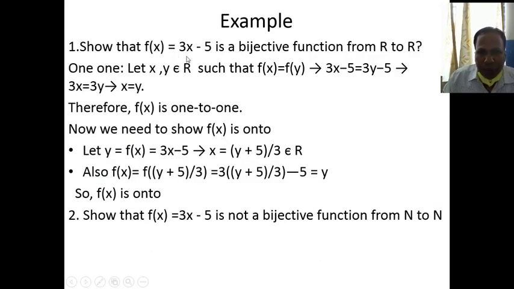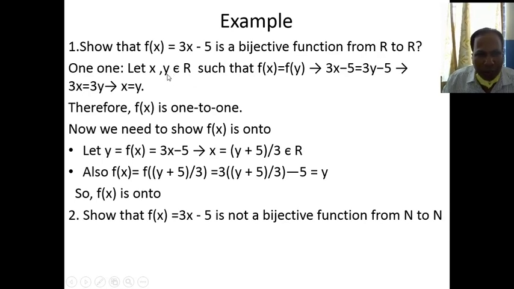Now an example of a bijective function. We have a function f defined from R to R such that f(x) is equal to 3x minus 5. Now we'll prove that it is a bijection. That means first of all we have to prove that it is 1-1, then we'll prove that it is onto. Now to prove it 1-1, we consider any two arbitrary elements belonging to the domain.